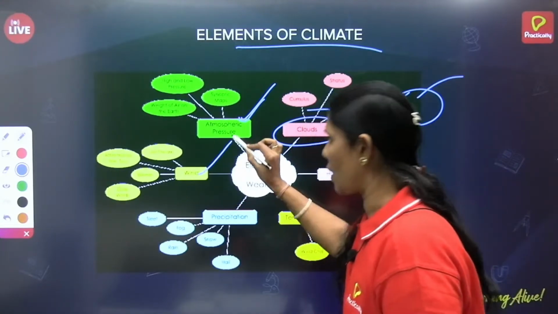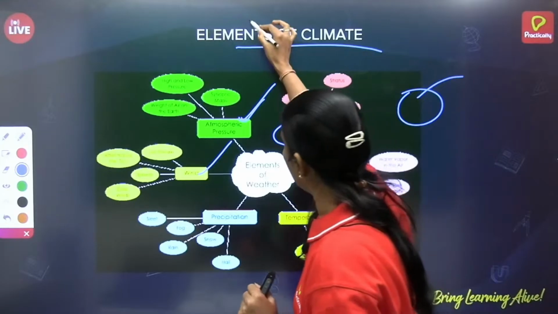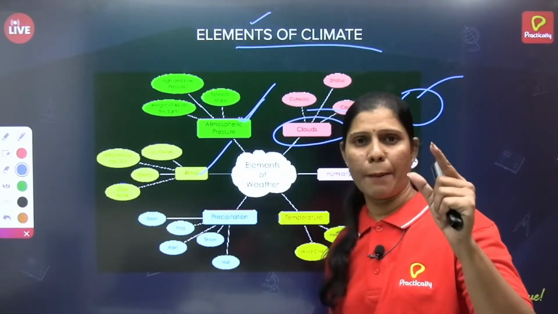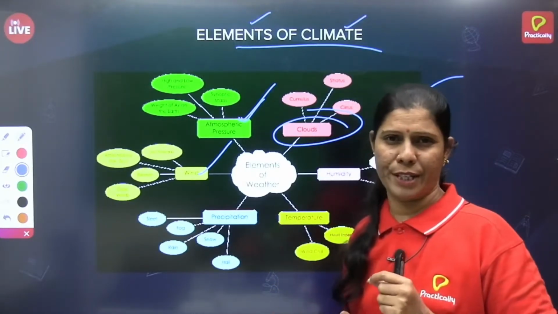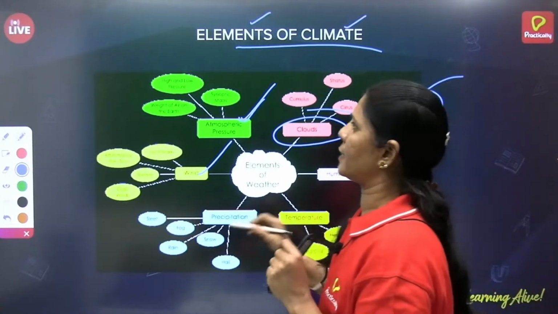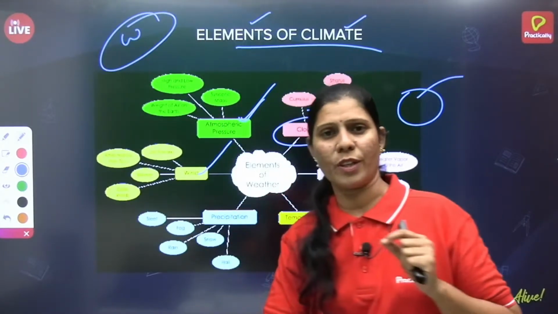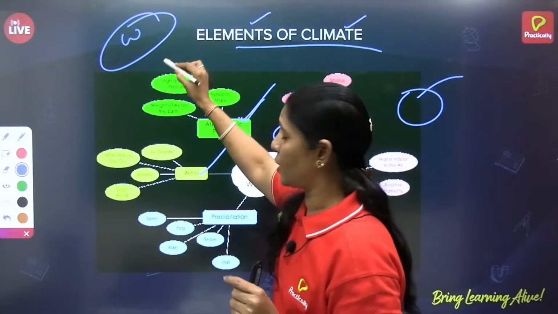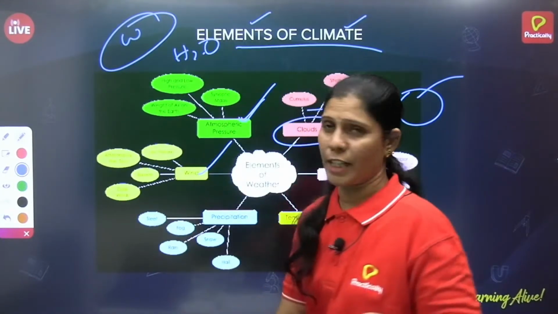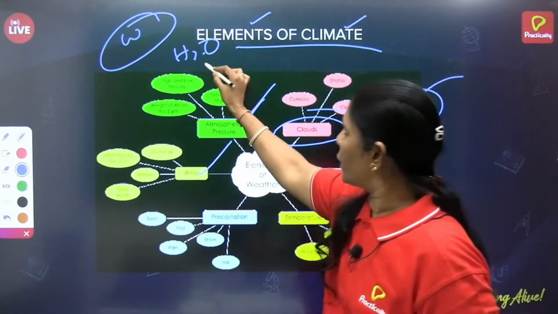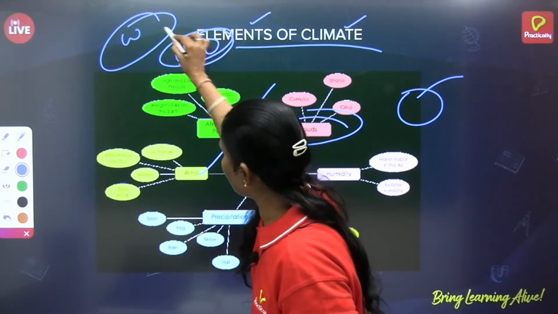And winds are also one of the elements. Why are we calling them elements? I'll tell you a small example. If you take water in the chemistry language, water has two elements, H2O, hydrogen and oxygen, both together forming water.